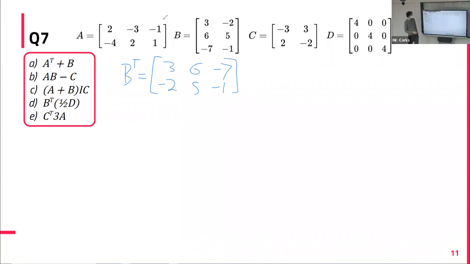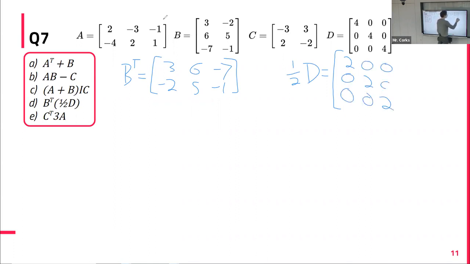We want to multiply that by 1/2 of D. So 1/2 times D would be equal to what? Okay, so 2's on the main diagonal here. And the rest will all be 0 like this.